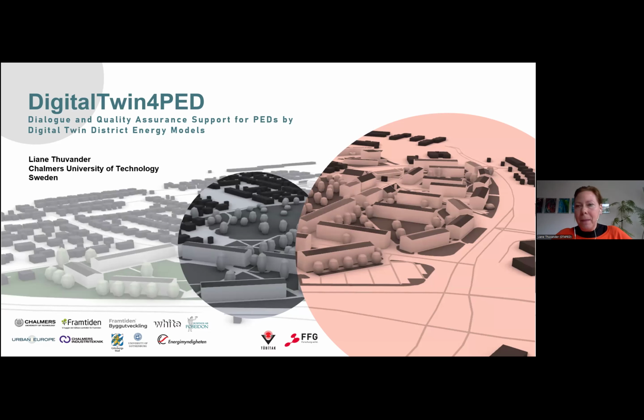We have partners in Austria, Turkey and Sweden, focusing on different areas: new construction, operation, and renovation transformation. Here I will present the Swedish part, which is focusing on the transformation of an existing mixed-use area and also wants to add new buildings. So it's quite an interesting challenge to work with.